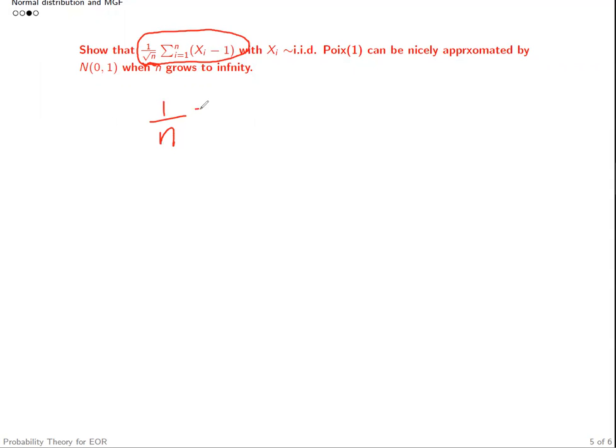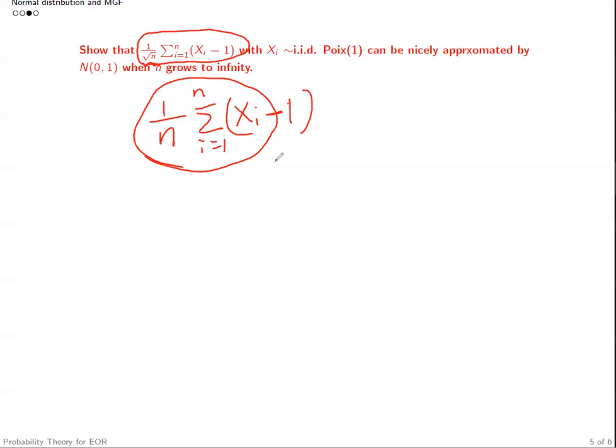Normally the sample mean is the summation of x_i divided by n, but here we subtract 1, which is the expectation of x_i, and multiply by square root n. So this is not the sample mean, but it's closely related to the sample mean.